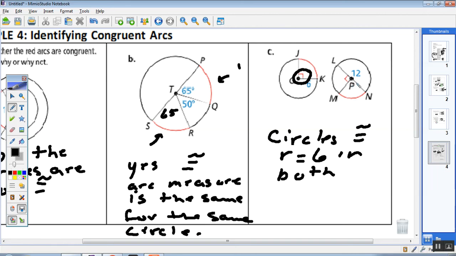What's the central angle going to be for MN? 90 also. Are the arcs the same? Yeah. The measure of the arc angles are both 90, so the arcs are 90 degrees. So I'm going to say arc JK is congruent to arc what, kids?